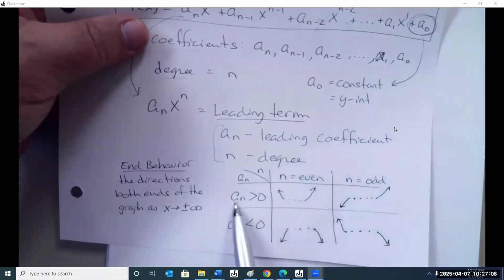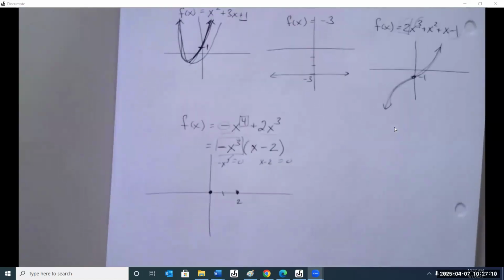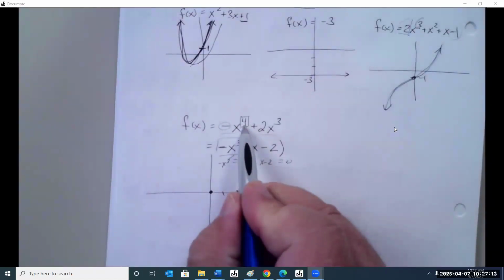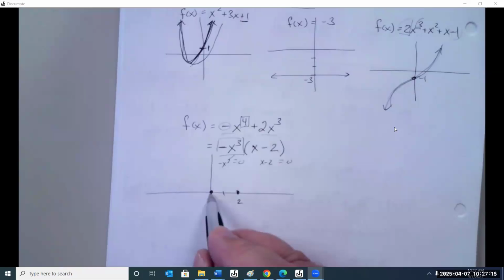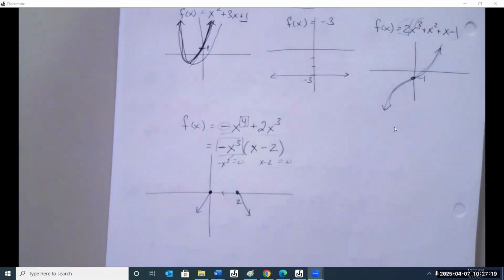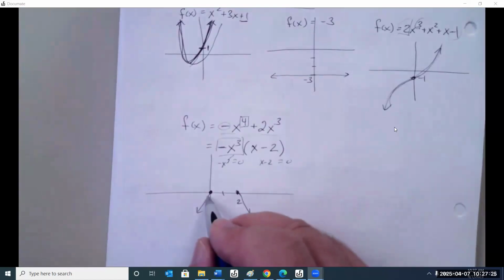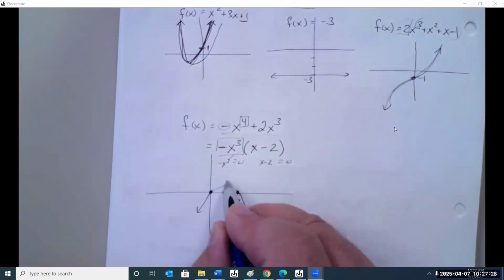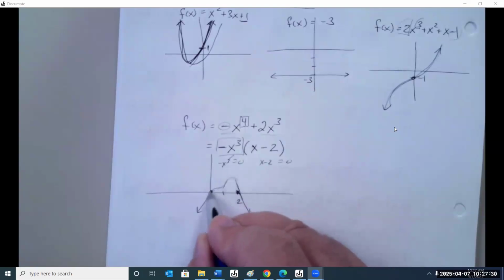They go up if it's positive, down if it's negative. So we know it's the same direction, but it's negative, so they're going to go down. So the only thing we know about this graph, it looks something like this.